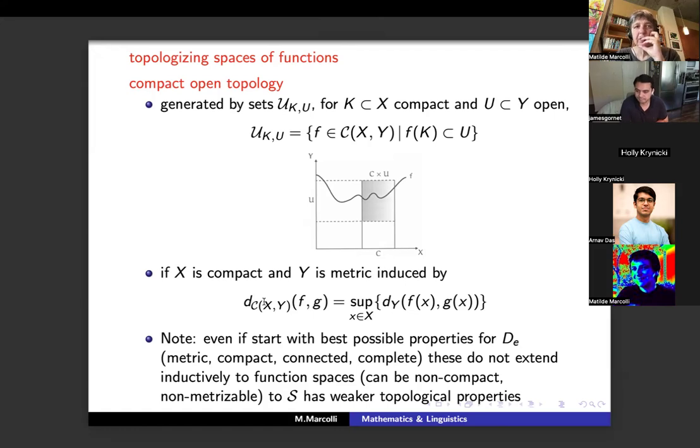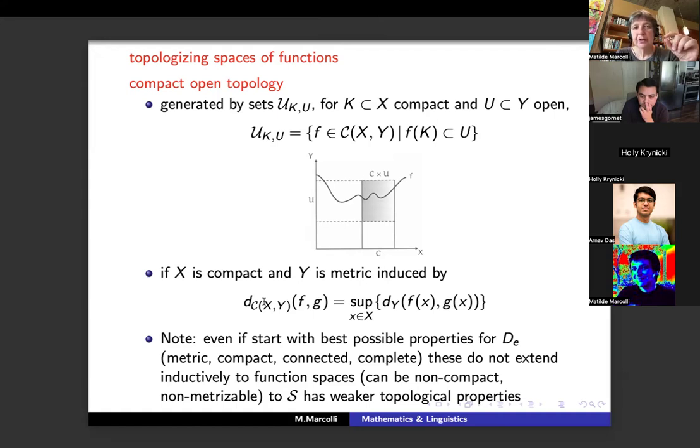If I have, a priori, just two topological spaces X and Y, and I look at continuous functions from X to Y, what are nice topologies that you can put on these spaces of continuous functions? The main topology that has good properties is called the compact-open topology.